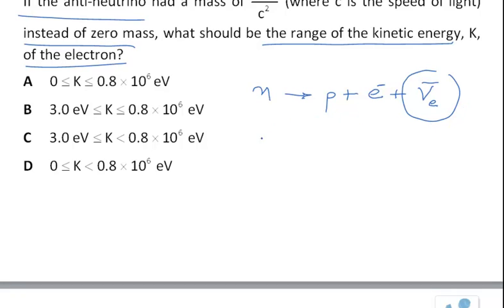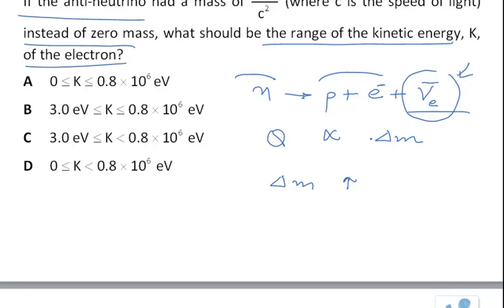So the total energy released, we call it the Q factor, is dependent on the mass defect. As per the assumption, this has got no mass, and whatever mass defect is there will be based on the mass of neutron, proton and electron. So as per the assumption, delta M would be higher as compared to if we consider the mass of antineutrino as well.